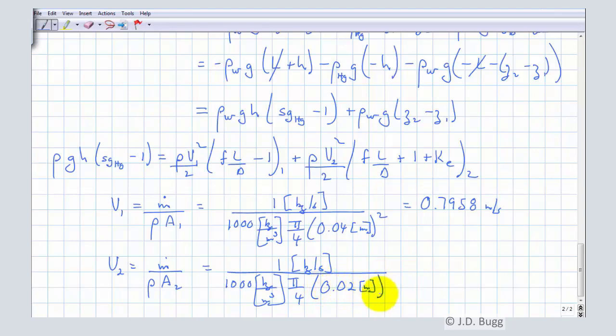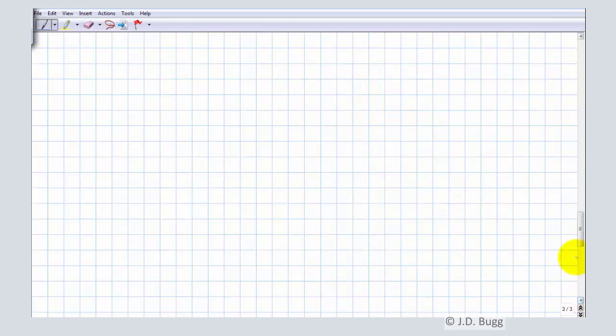So remember to use standard SI units for everything here. And this works out to 3.183 meters per second. So notice quite a bit higher velocity because of the smaller pipe diameter. As a matter of fact, half the diameter, therefore 1/4 the area, therefore 4 times the velocity. Could have actually calculated this velocity very quickly from this one just by multiplying by 4, but no big deal.